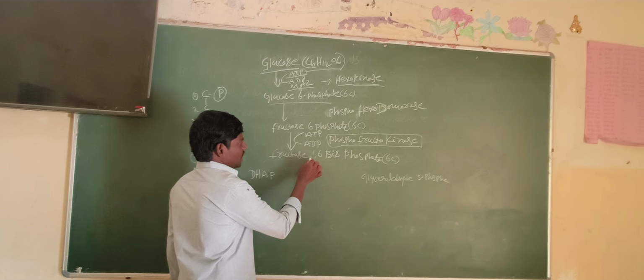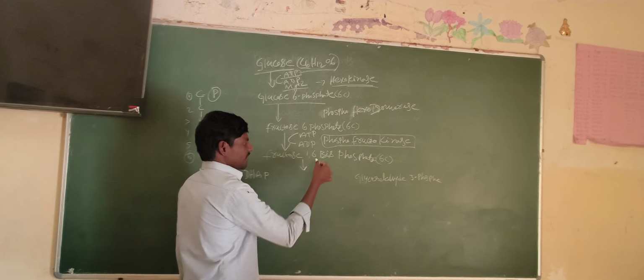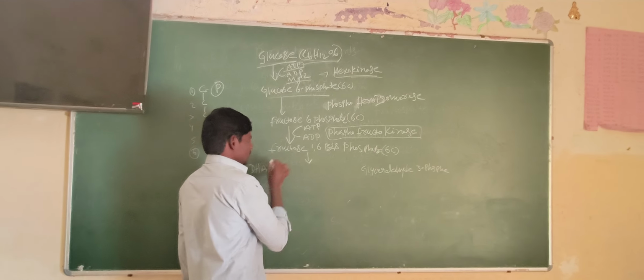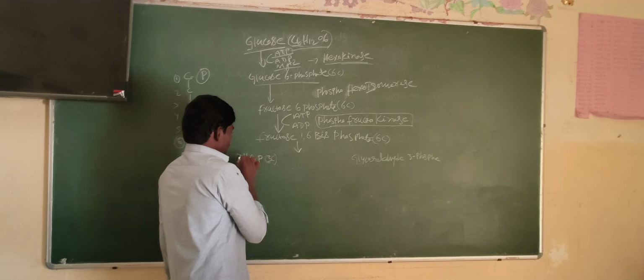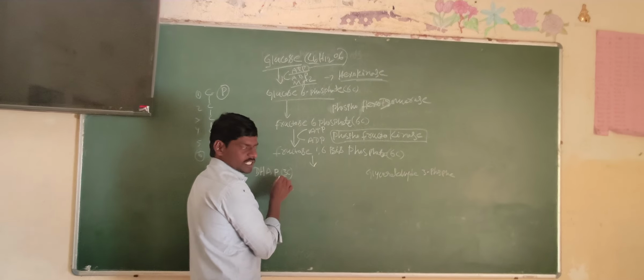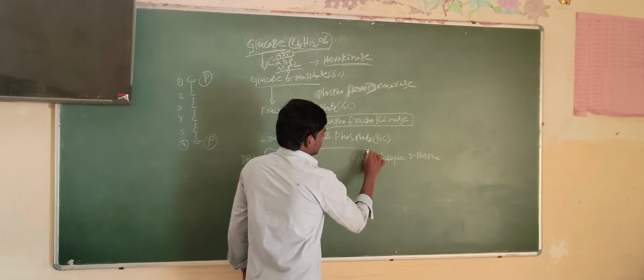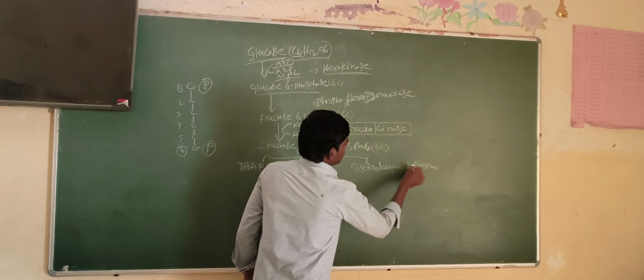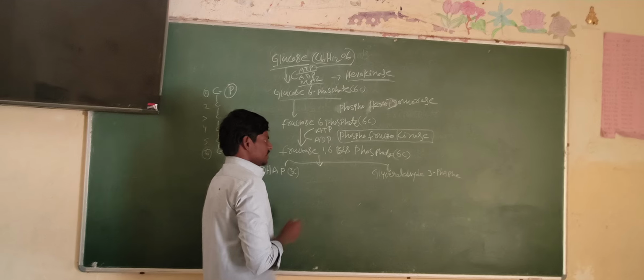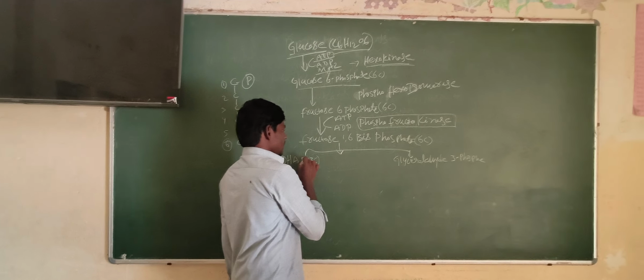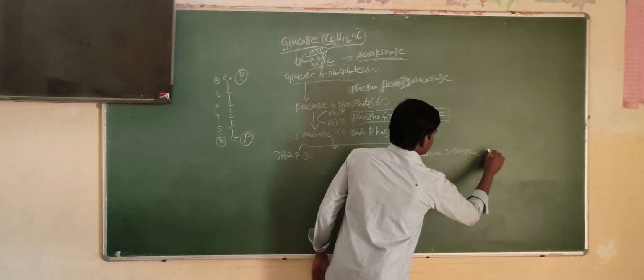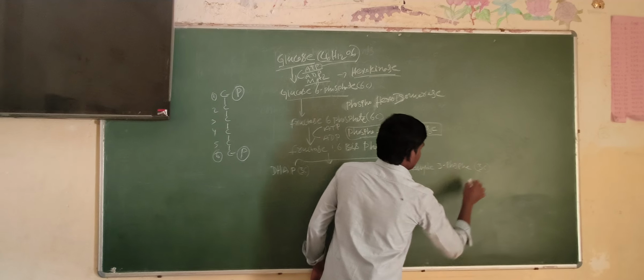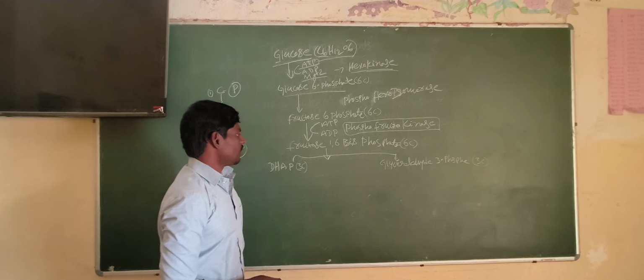This fructose 1,6-bisphosphate is bifurcated into two molecules of triose phosphate: DHAP, dihydroxyacetone phosphate, and glyceraldehyde 3-phosphate. Both are 3-carbon compounds.